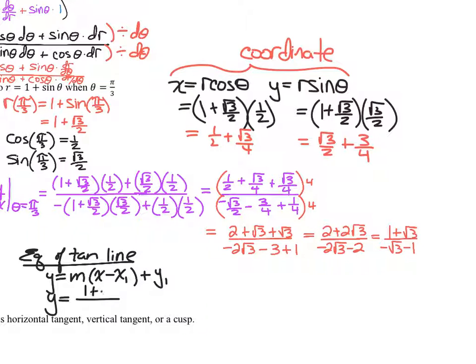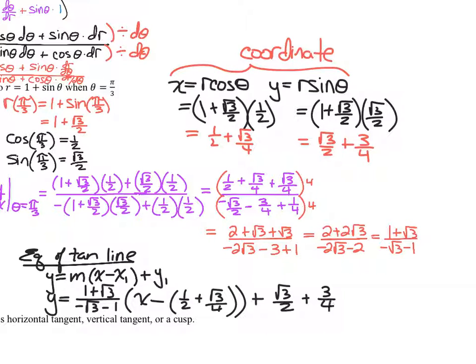So 1 plus the square root of 3 over the square root of 3 minus 1 times x minus my x coordinate, so 1/2 plus root 3 over 4, close them up, plus my y coordinate, root 3 over 2 plus 3/4.